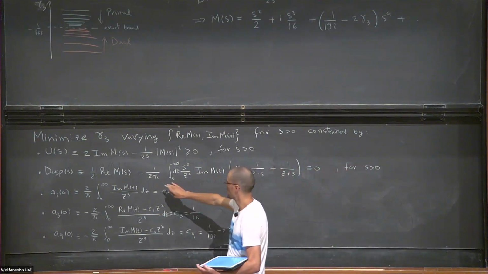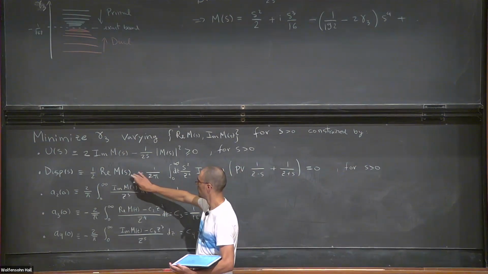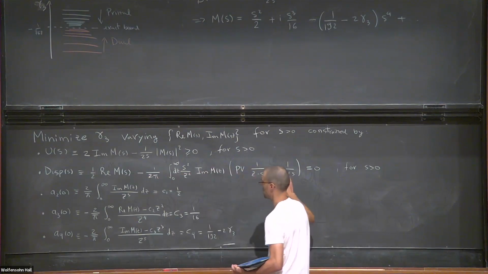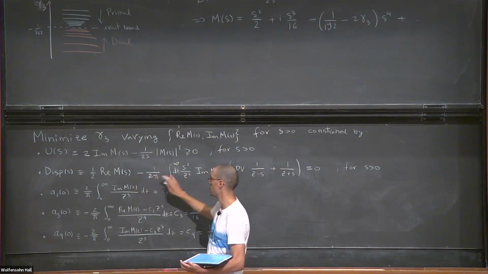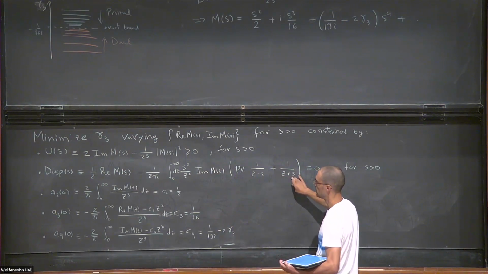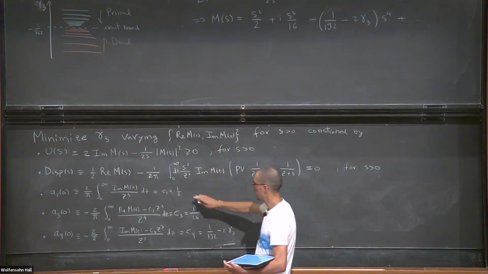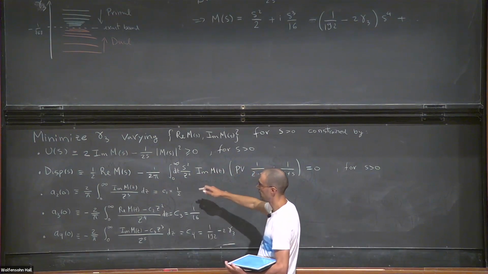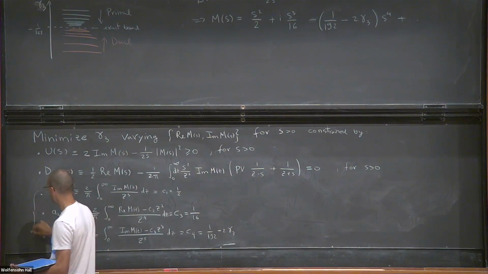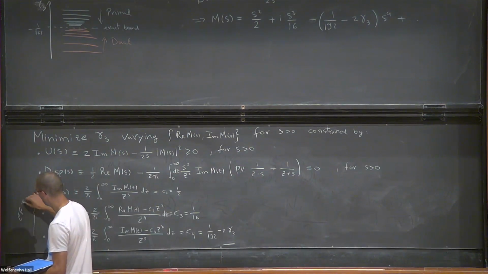Then this one, I will explain a bit in more detail, but it's basically what analyticity gives you. It gives you a dispersion relation that relates the real part with the imaginary part. So that's what analyticity implies. And then the last 3 are just effective field theory constraints, okay? So these 3 come from the low energy expansion.